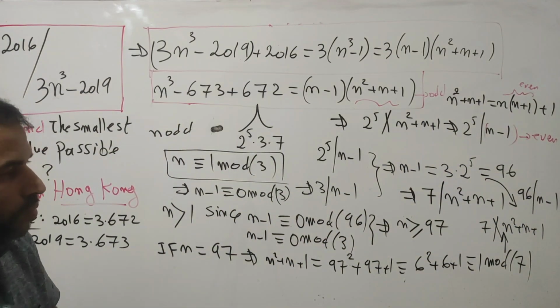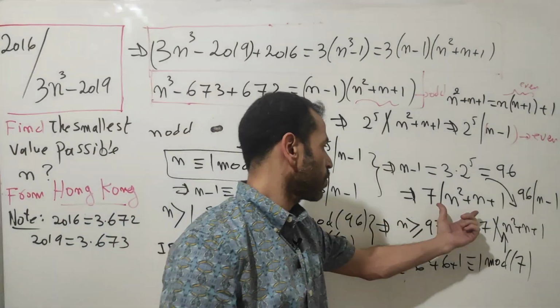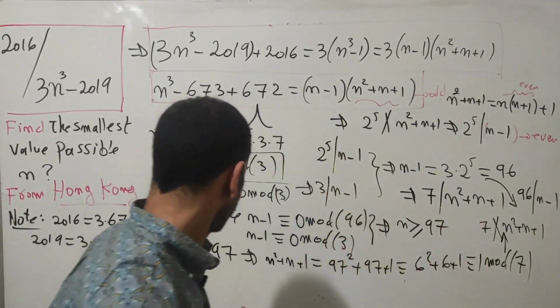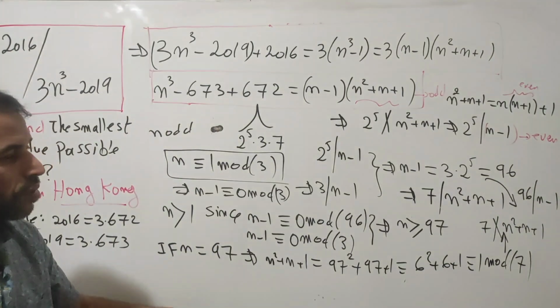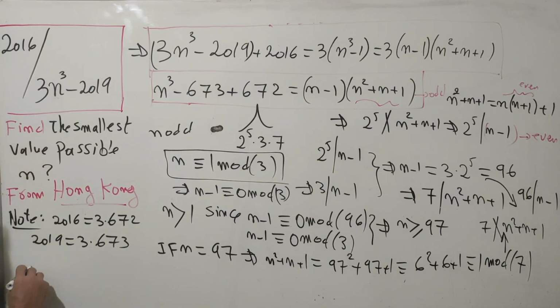Which means the potential solution verifying this statement is going to be bigger than 97. By checking and guessing, we are going to find n equals 193 is a solution. So I'm going to check that here.